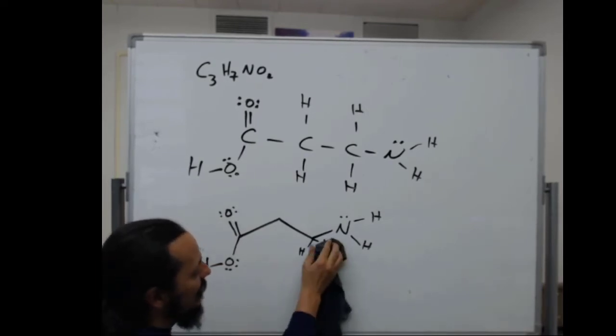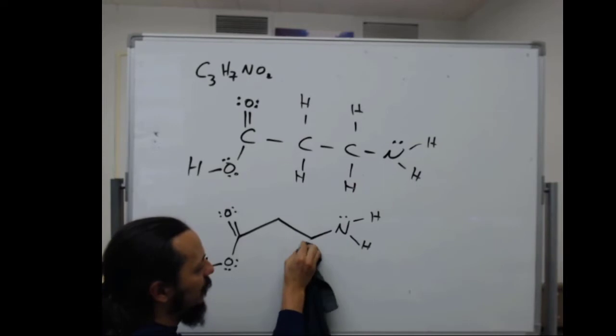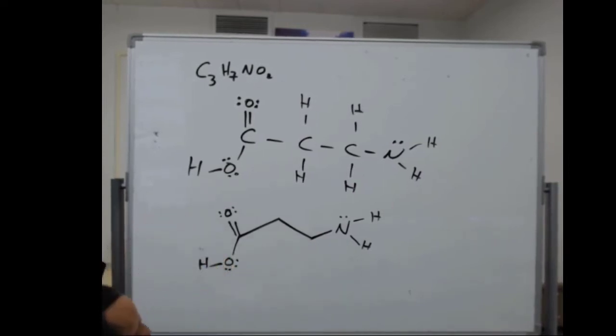We typically don't write in the hydrogens explicitly unless they're on other elements and we're trying to accentuate them in particular. But this would give us the line drawing. It's a bit more of a condensed way to write down the same thing.